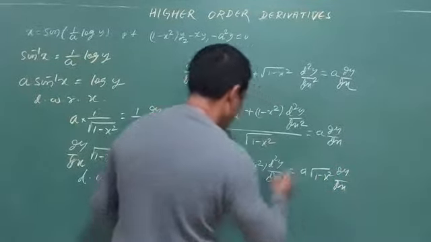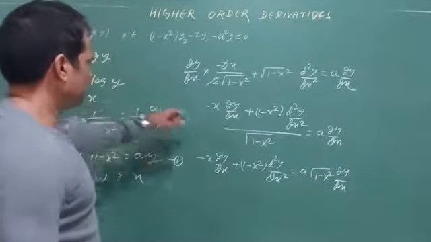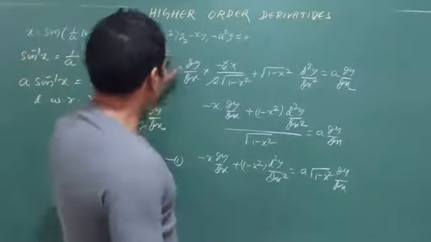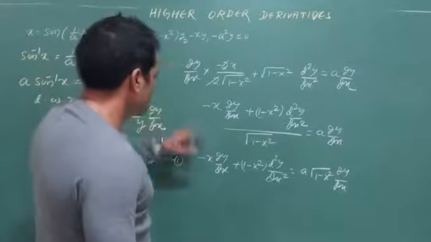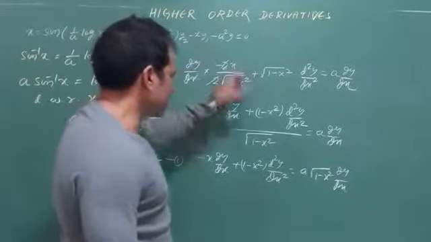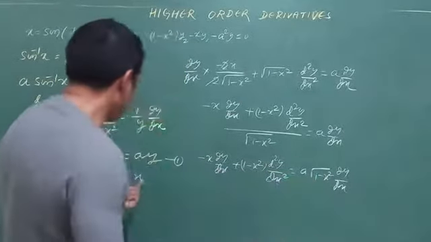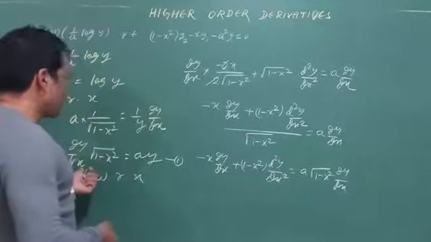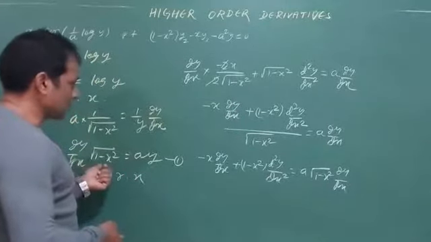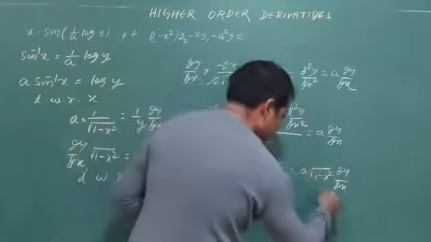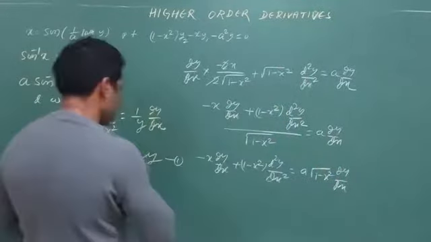You see now what happens here. Look at the proof. 1 minus x square d2y by dx2, 1 minus x square d2y by dx2, minus x y1 is there, but this part is not there. This part there is some problem. So look at equation 1. I can replace dy by dx under root 1 minus x square by the value ay.